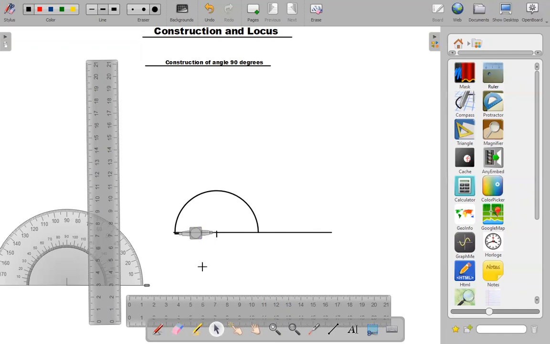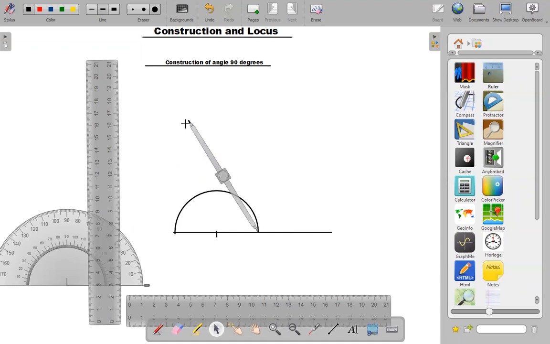Okay, now where the arc touches the straight line, take your compass there, your still point on this end of the arc, extend the compass to a convenient radius, then make an arc up here.